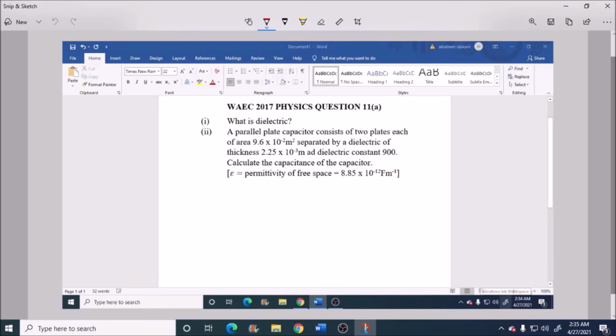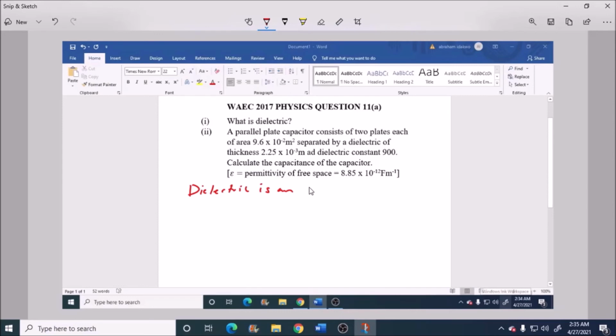So first we define dielectric. A dielectric is an insulating material. It could be a liquid, it could be a solid or a gas, separating the two plates of a capacitor. So let's write that out, that a dielectric is an insulating material.